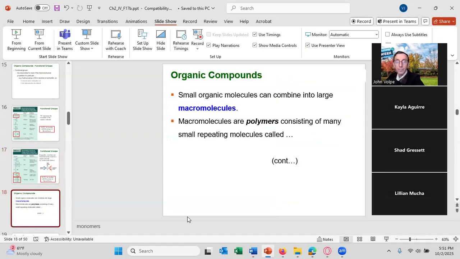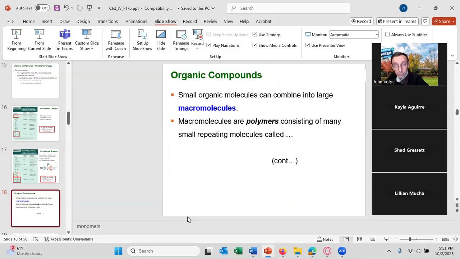All right. You should know that organic molecules can combine into large molecules called macromolecules. The macromolecules are usually polymers consisting of many small repeating molecules called monomers.